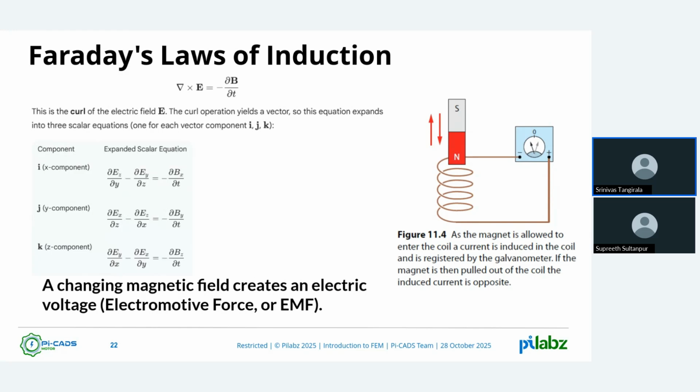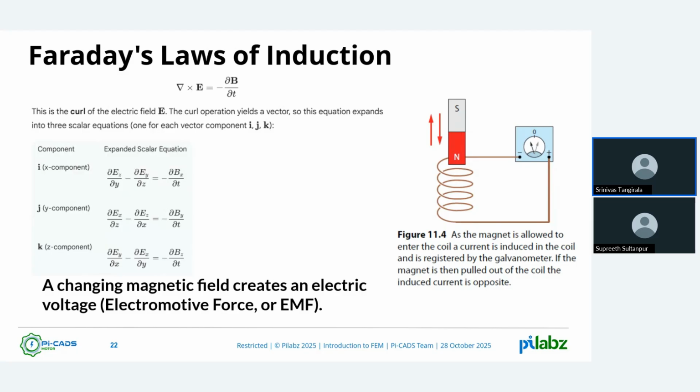That means only a changing magnetic field produces electric current. If there is no change in magnetic field, there is no current. Simple enough explanation. This is an experiment that you can probably visualize and relate to. So that is Faraday's law.